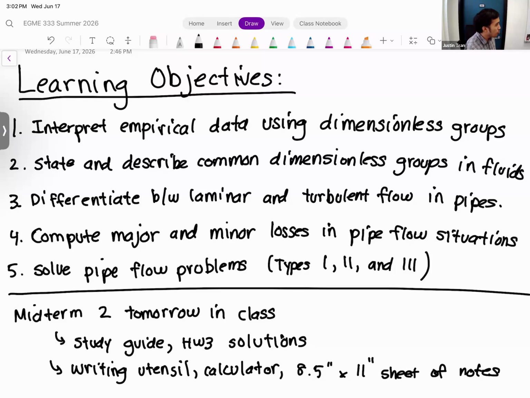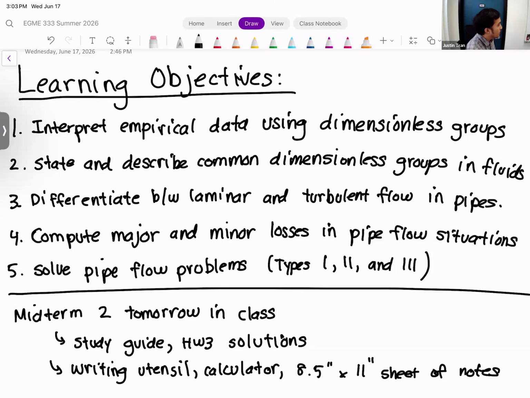In terms of overall content for the class that you can expect on the final exam, you can expect probably about half the stuff that we've covered in total in the summer session will be what you're responsible for. Okay. So what I'm thinking right now is probably one topic from the first midterm, one topic from the second midterm, and then everything we've covered since the second midterm, which is potential flow, dimensional analysis, pipe flow, and the stuff we're going to cover next. Okay. But we'll talk about it more in detail early next week because I think you guys can do it.